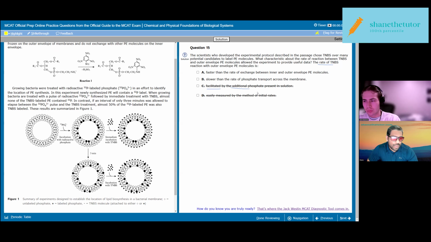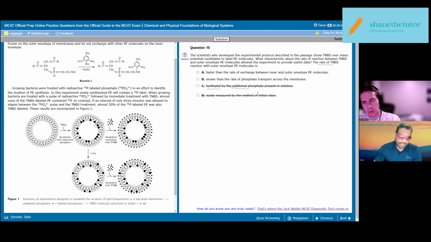I think this question is trying to trick you in a way. We clearly observe that radio-labeled phosphates that start off on the inner membrane can be on the outer membrane too.